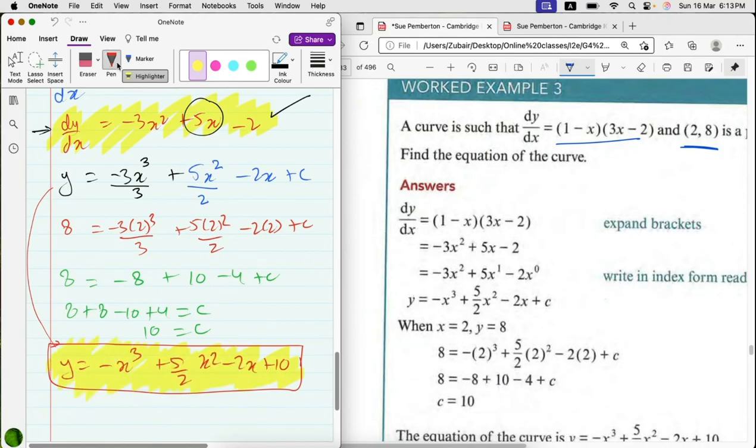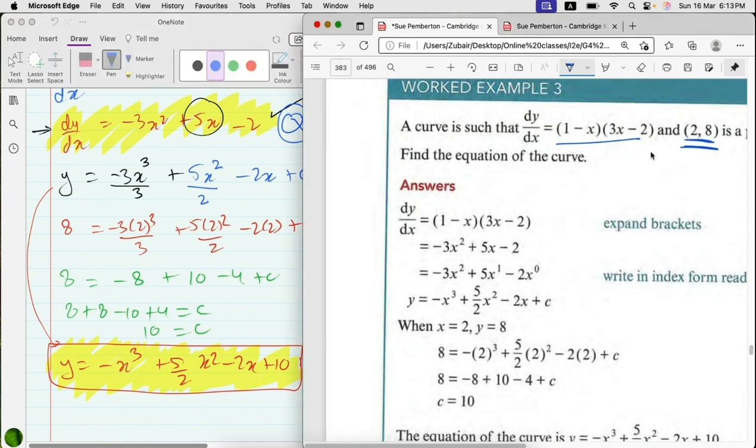Does that make sense? Wait, how do we get the 8 again? The 8 is given in the question, 2 comma 8, instead of the y. Oh, so we just substituted it. Yeah.